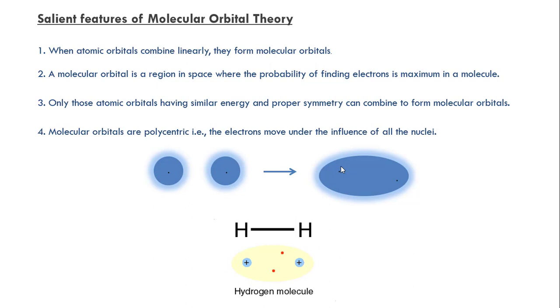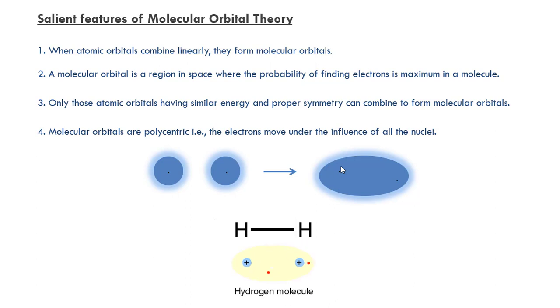So when two atoms of either the same element or different elements combine or merge, they completely merge together and form a molecular orbital. This molecular orbital has as many nuclei as the number of atomic orbitals combining.